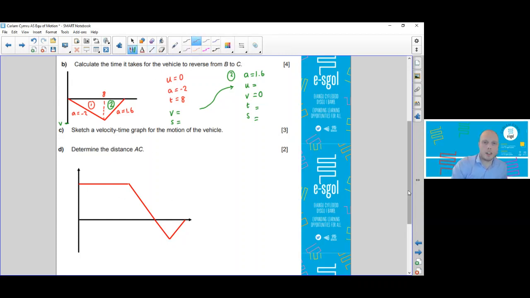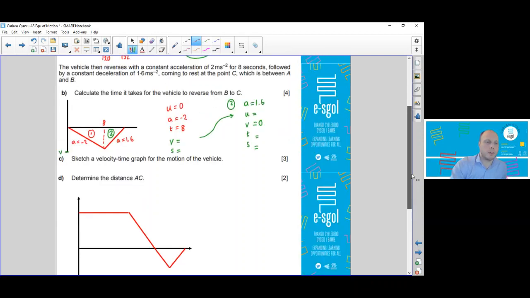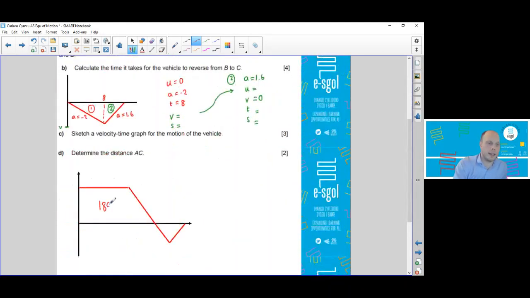Now we know from part A, if I scroll back up, that this area is 1,890 meters. And you should have from part B the total area of this little section here, but that is a negative area, so that's going to be a minus value there. This is where we need to talk about the difference between displacement and distance.